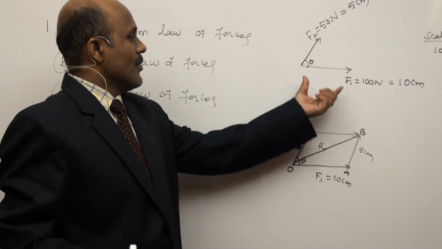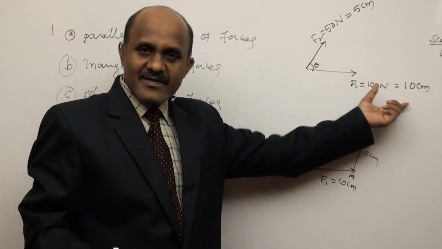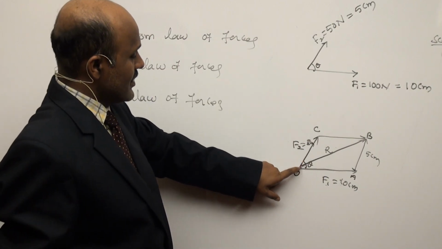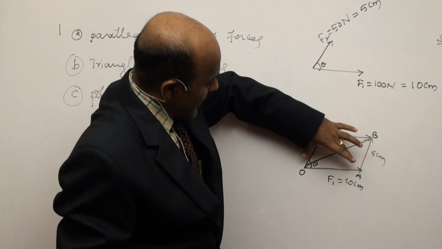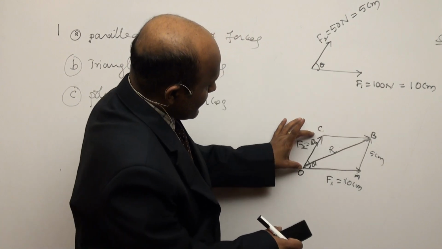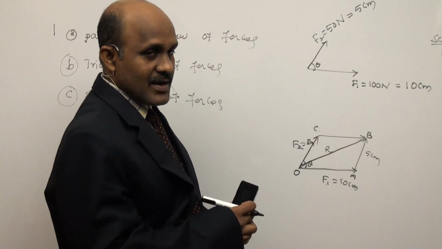So, first of all, using a suitable scale, we draw F1 equal to 10 centimeters, then with a suitable angle theta we draw the other force F2. Draw lines parallel to these, 10 centimeters here and 5 centimeters here. These two are parallel, and these two are parallel.